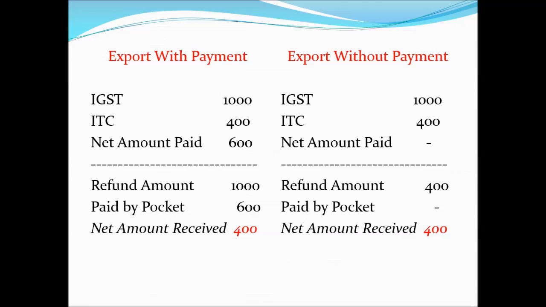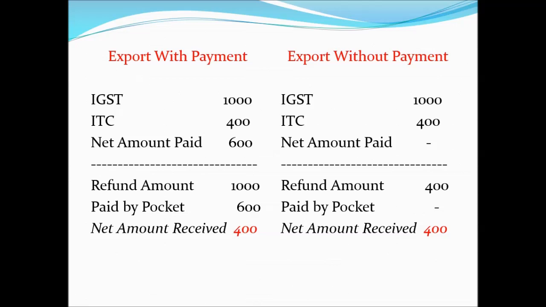In the second case, export without payment, the IGST amount is 1000, the input tax credit is 400, but the net amount you have to pay from your pocket is nil because you opted for export without payment. It means you don't need to make any payment. The refund amount in this case will be 400, which is the unutilized input tax credit.